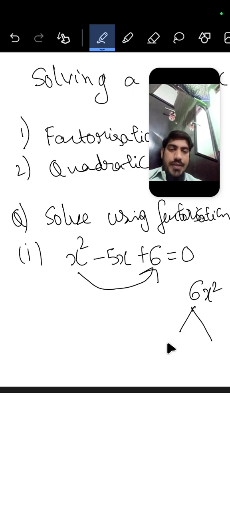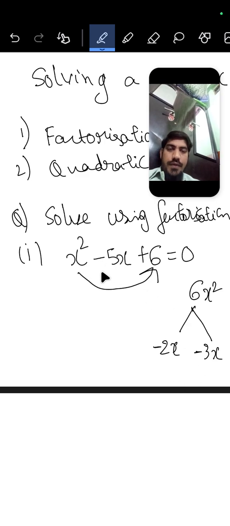As you can see, the factors are 2x and 3x. Since it is minus 5, minus 2 and minus 3. Minus 2 minus 3 is minus 5x, and minus 2 multiplied by minus 3x is 6x square. So these are the two factors.